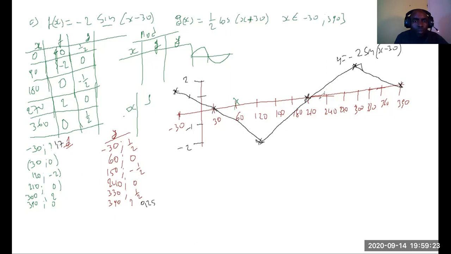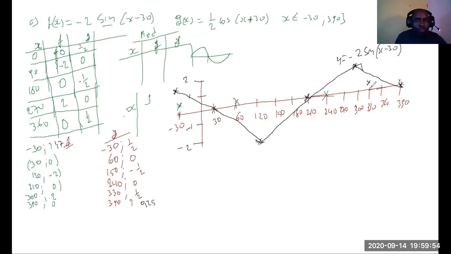My maximum is a half here, I put half here, and then another maximum is at 330, half, and then at 390, 0.2, maybe somewhere.